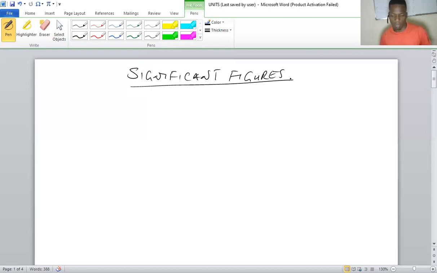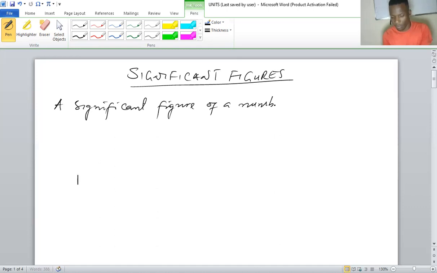So when you are talking about a significant figure of a number, you are just talking about a digit that is carrying a meaning, and not only a meaning, but it is also contributing to the precision of that number.